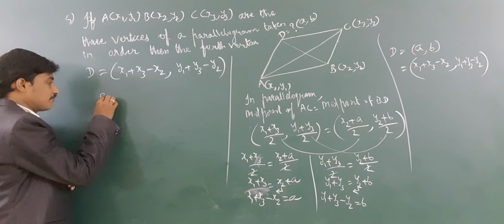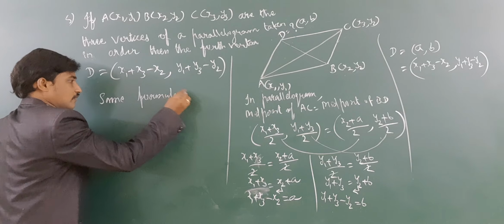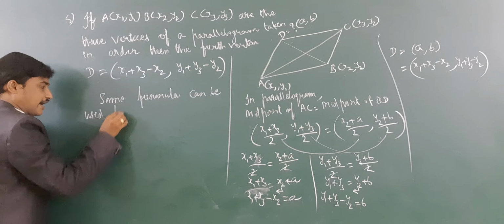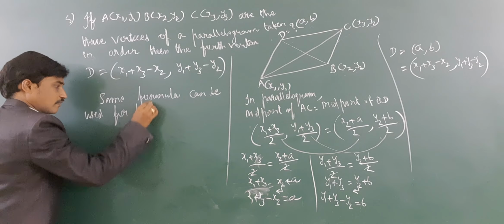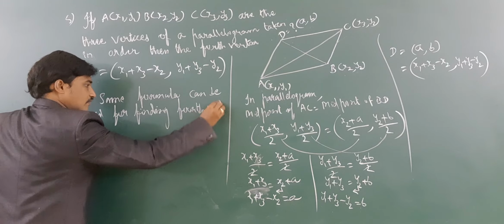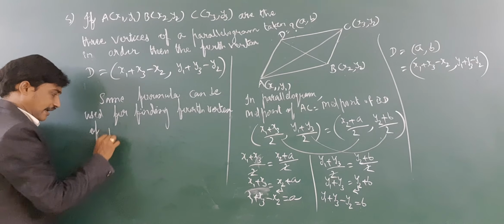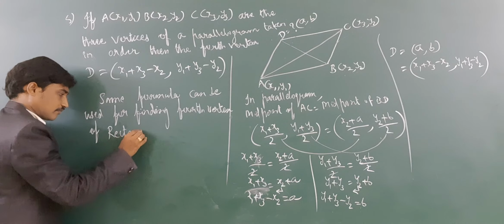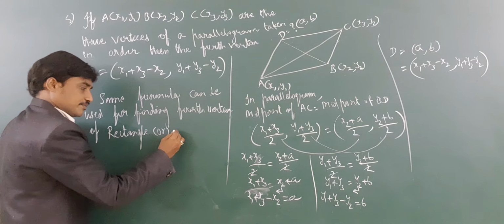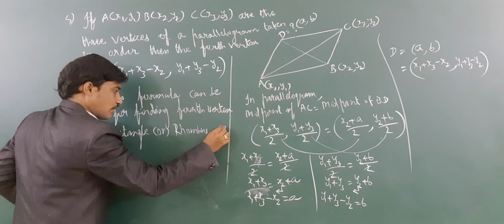The same formula can be used for finding the fourth vertex of a rectangle or a rhombus or square.